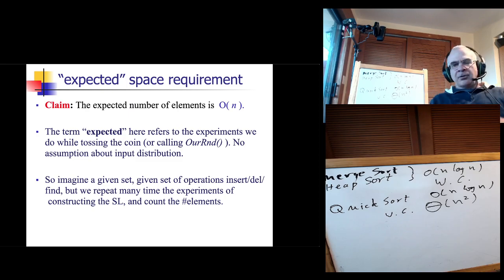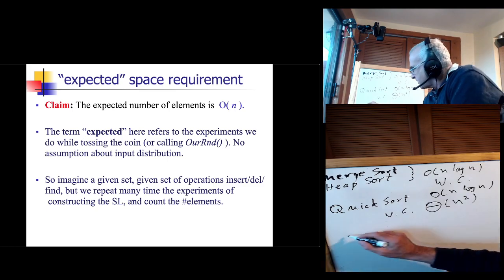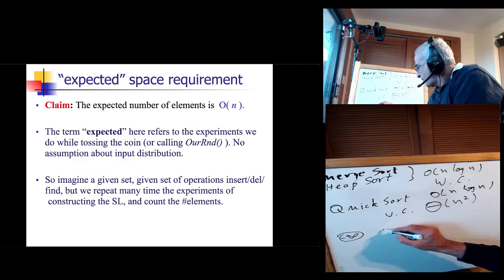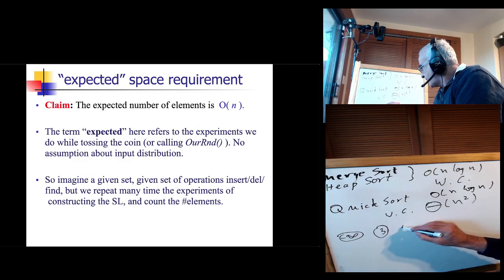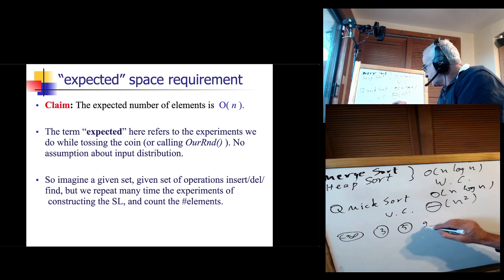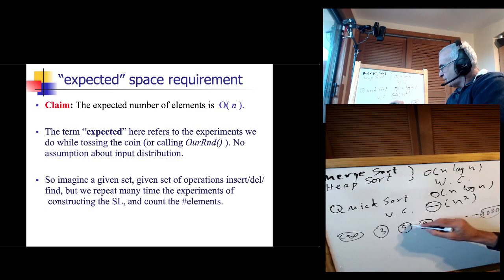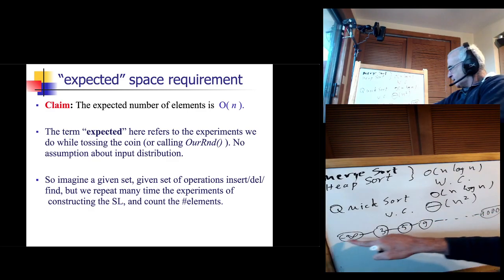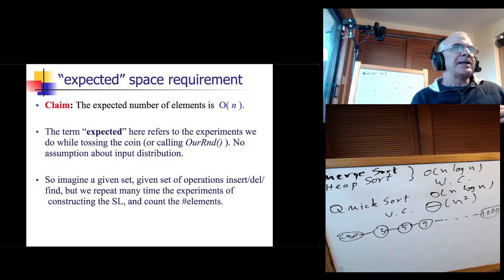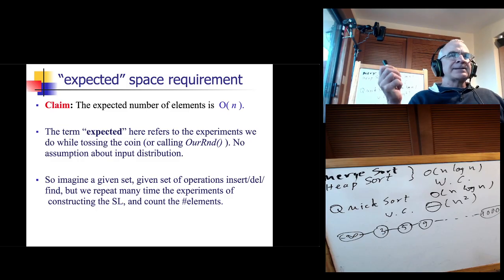Nothing in the code tells us that a skip list that contains minus infinity followed by 3, followed by 5, followed by 9, all the way to 1000 or whatever, and consists of only a single level, can't appear.